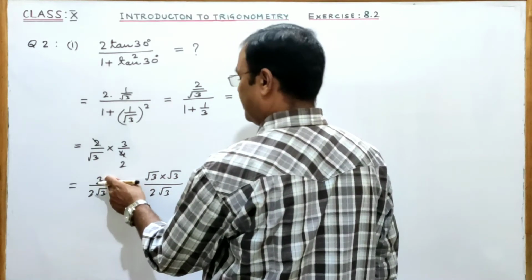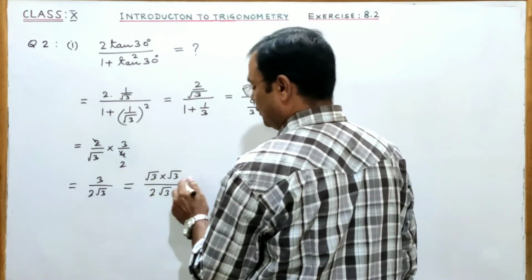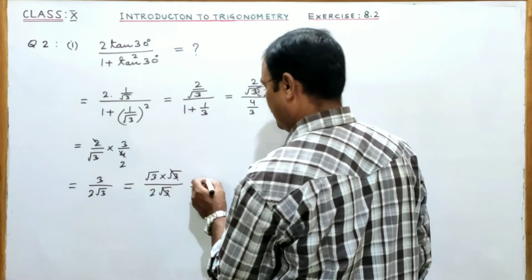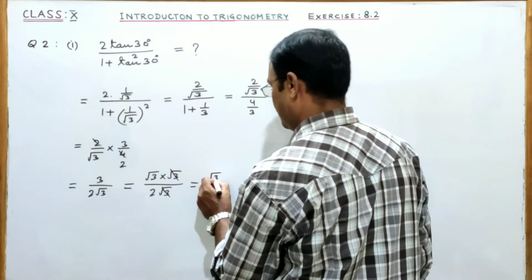This 3 we have written as root 3 into root 3. Now root 3 cancels, so we have got root 3 by 2.